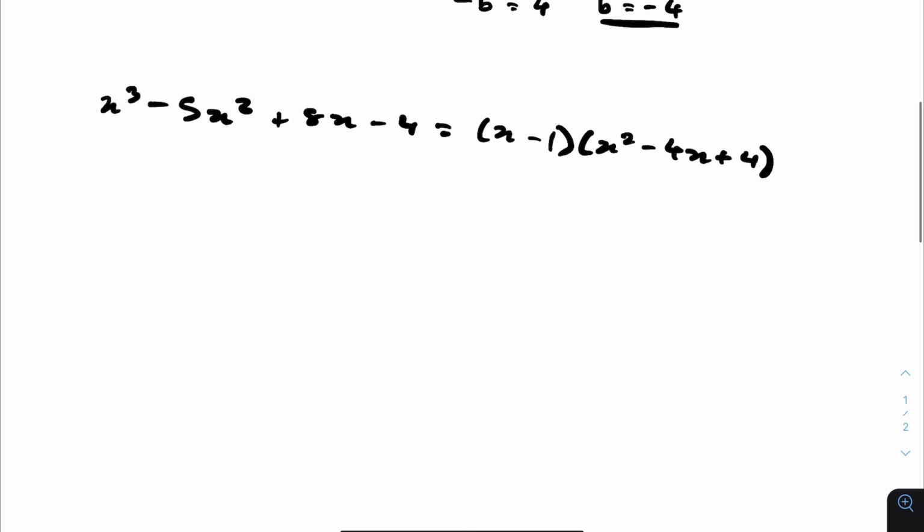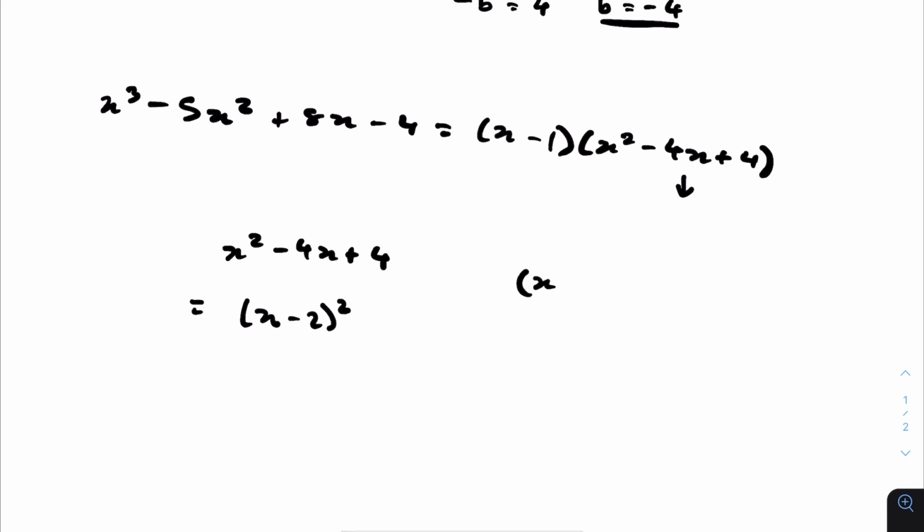Now all we need to do is factor x squared minus 4x plus 4 in order to get our other two solutions. x squared minus 4x plus 4 is actually x minus 2 squared. So the equation can be written as x minus 1 times x minus 2 squared.